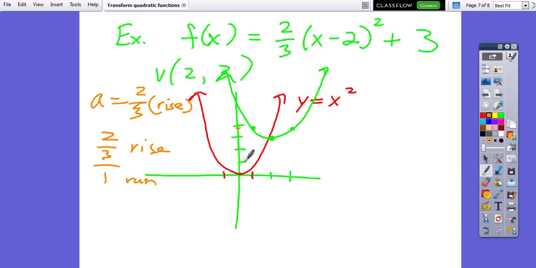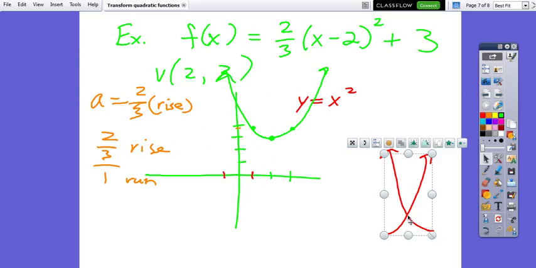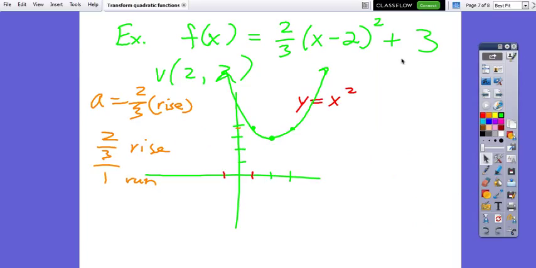Now, I didn't draw this original curve very good. Let me make this thing a little bit more accurate than I originally drew it. So I need to go up 1, right 1, and therefore up 1, left 1, reflected.